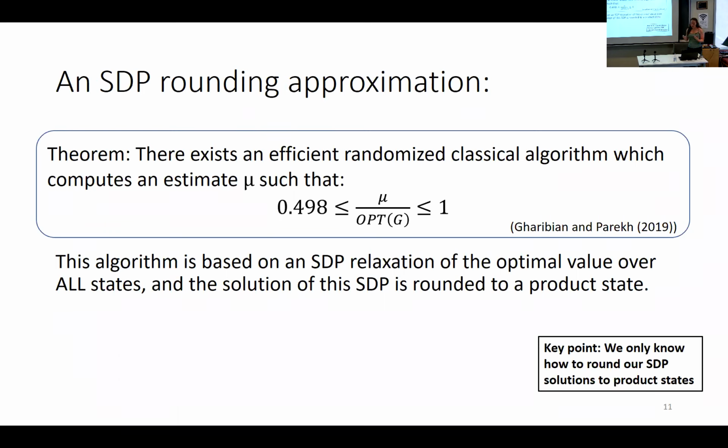And that's based on an SDP relaxation again over all states, but then the solution they're rounding back to a product state. And that's sort of unsatisfying because for a quantum problem, we probably want an entangled state, not a product state. But a key point in this field is that we don't really know how to turn an SDP solution into something that's not a product state. And so that's one of the big things that's being worked on.